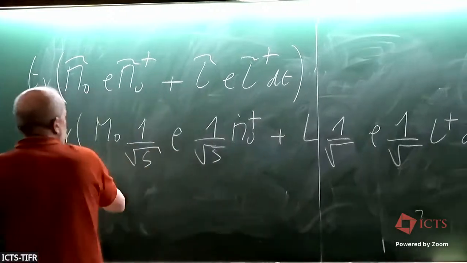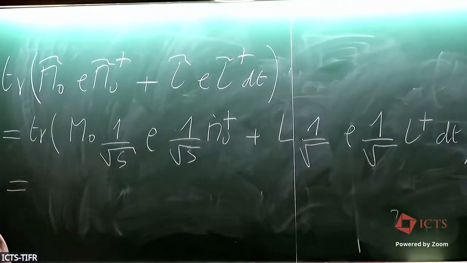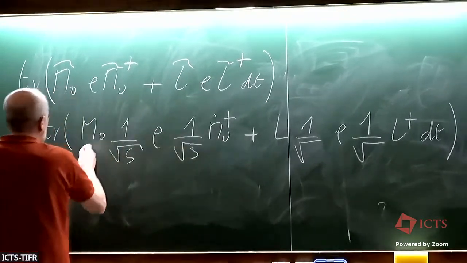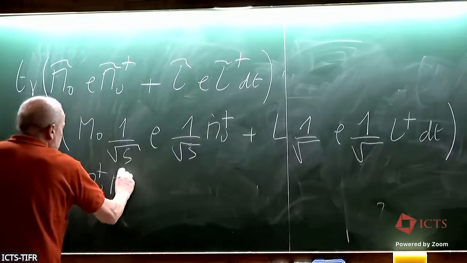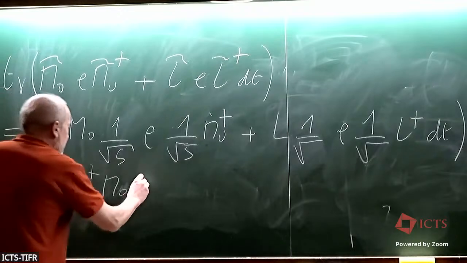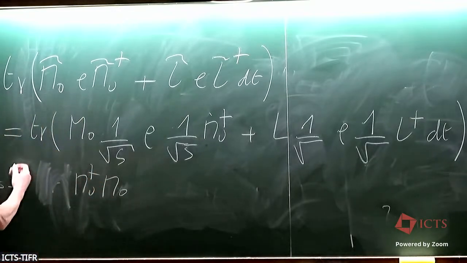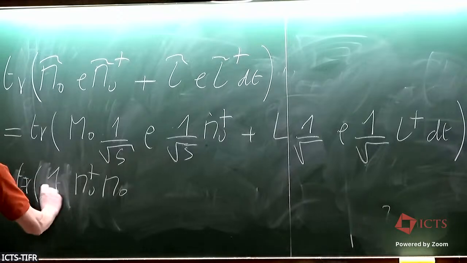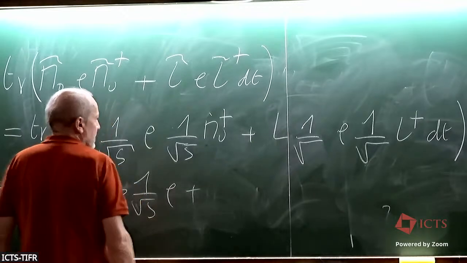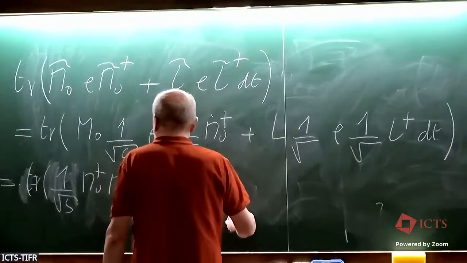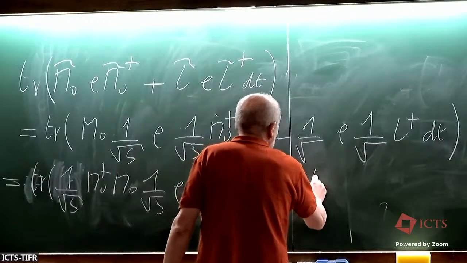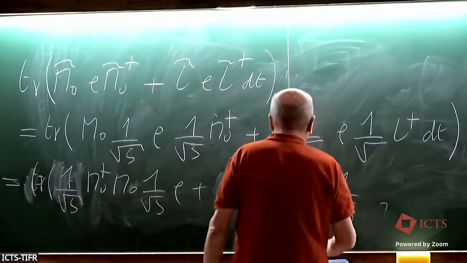I put everything on the other side, so it is the trace of M0 dag M0, 1 over the square root of S, rho, plus dt, 1 over the square root of S, L dag L, 1 over the square root of S, rho.